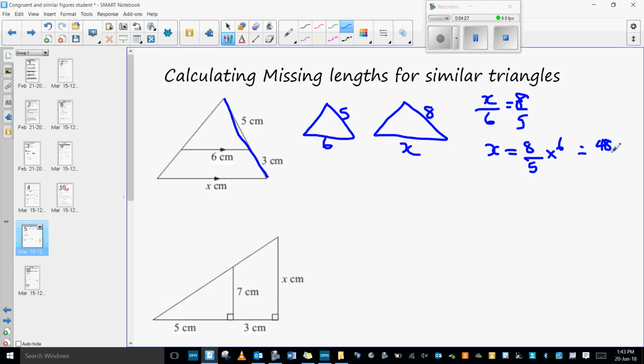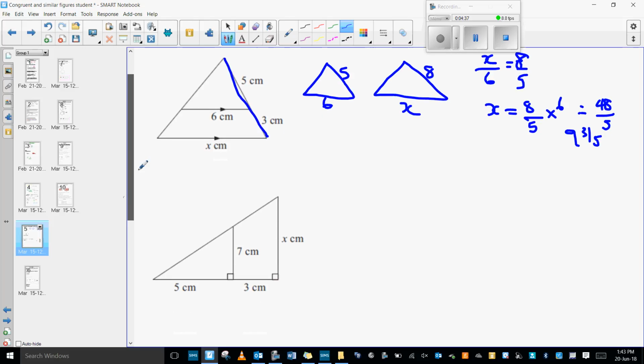Okay, so it's 48 over 5, which is 9 3/5. Okay, next one. Again, two triangles. Let's just do a quick baby sketch. So we've got 7 here, we've got 5 here. What do we have on the bottom here? 8 and x.